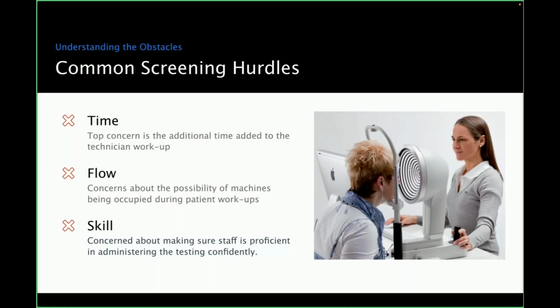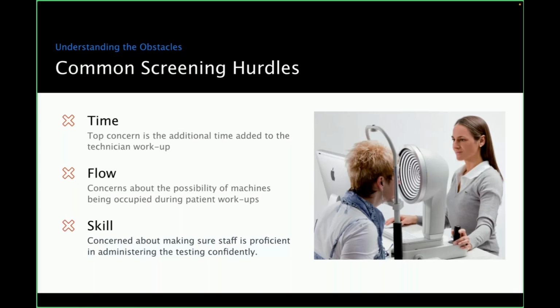And then lastly, there's always the concern about skill levels. A lot of doctors feel that you have to flip the upper lids on every patient they do meibography on. I will tell you when this is used as a screening tool, what we found is that you can gain a lot of valuable information from simply doing the lower lids.